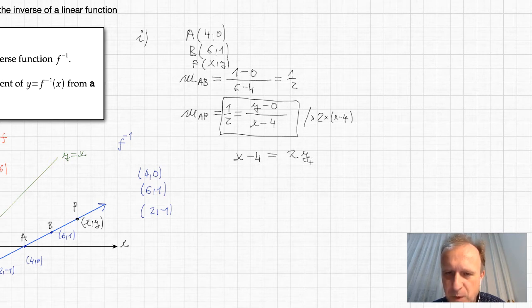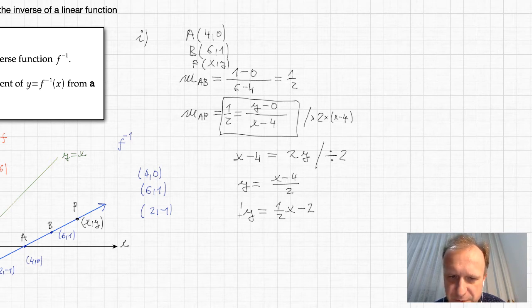Now if I want y itself, I divide by 2 and swap the sides of the equation, and what I get is y equals x minus 4 divided by 2, or I can rewrite it, y equals 1/2 x minus 4 over 2, which is 2. And this should be the equation of the function f inverse. So this is the equation for the inverse function.